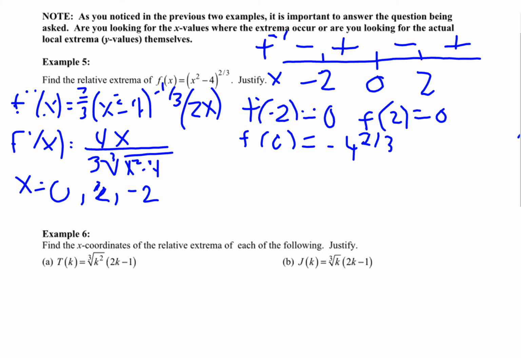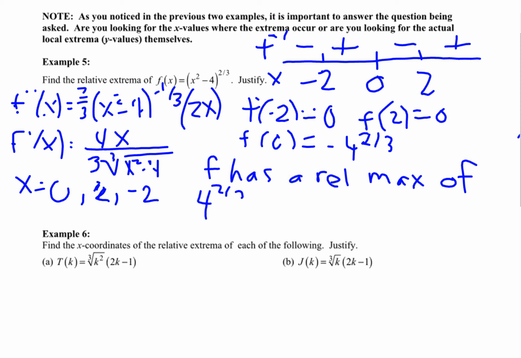Oops. Okay, so we need to answer the question and we need to justify. So we have f has a relative max of 4 to the 2/3 power. I know it had a negative earlier, but it would really be like that.